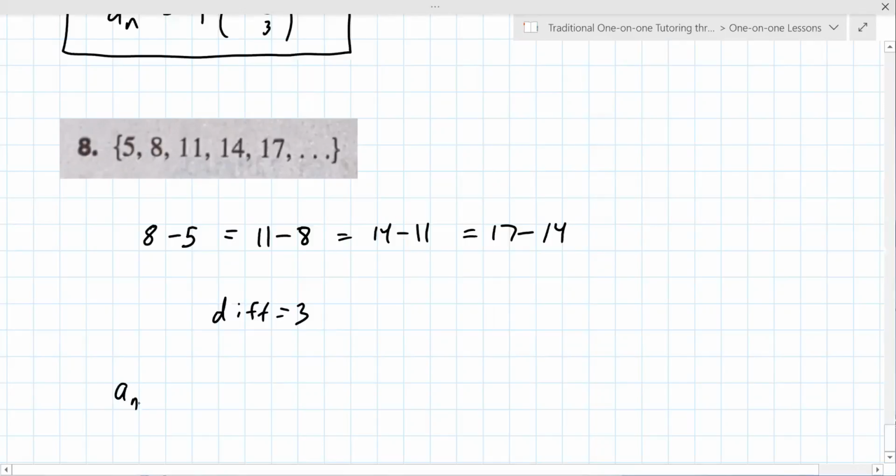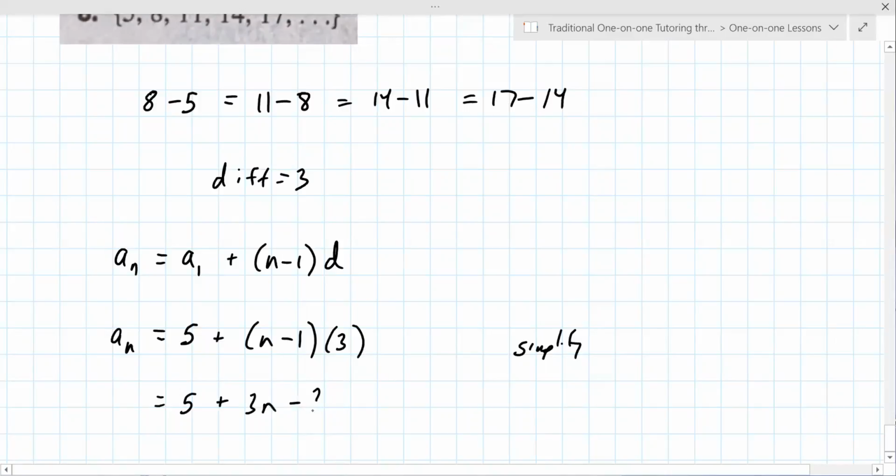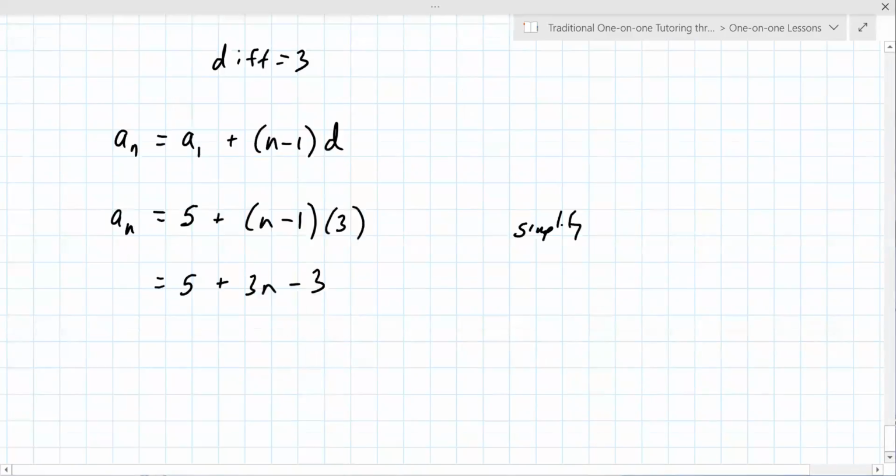But for an arithmetic sequence, a_n equals a_1 plus (n-1) times d. Your a_1 is 5, your n is your variable, and your d is 3. You can simplify this. You actually did this in a previous class.